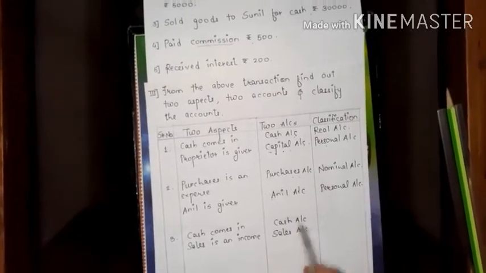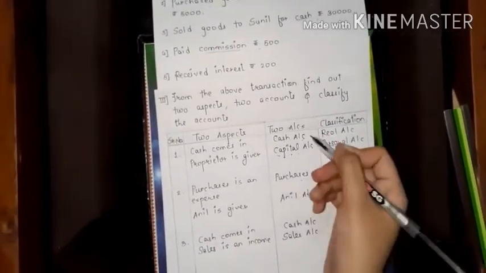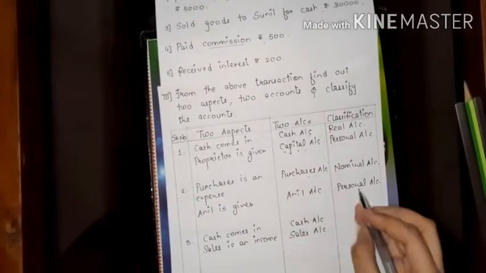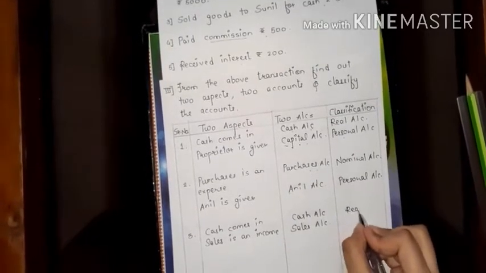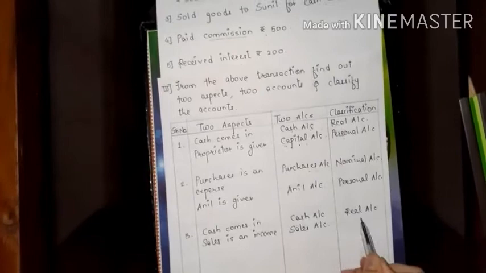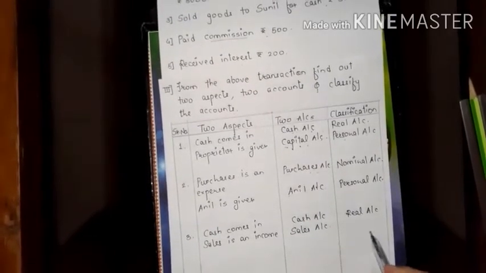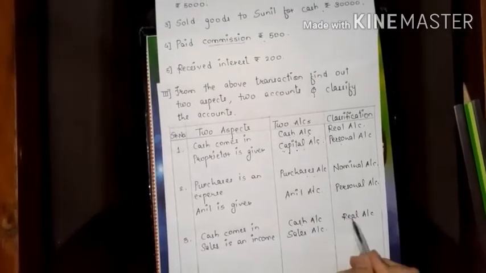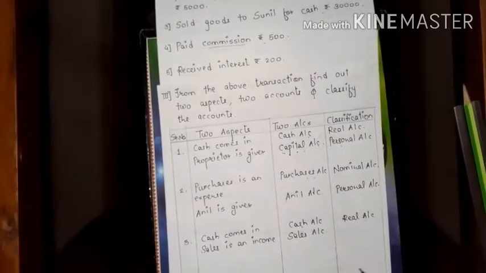Okay. Now in the first transaction we saw cash account is real account. Same we have to apply. It is an asset, so real account. Cash comes in because debit what comes in, credit what goes out is the rule of real account, and cash is our asset. That is why it will appear in real account.